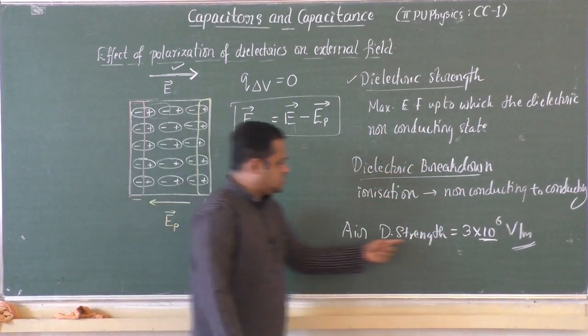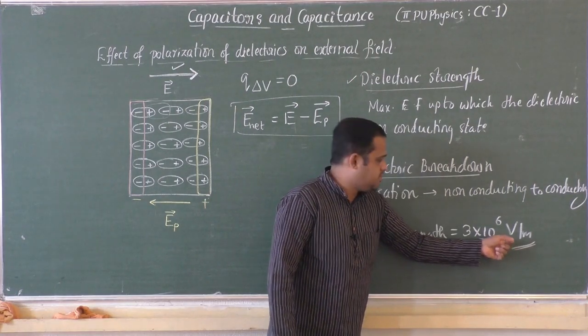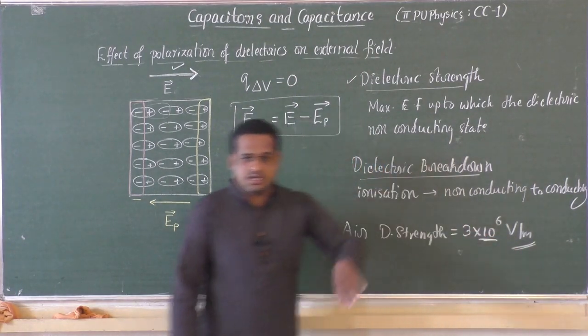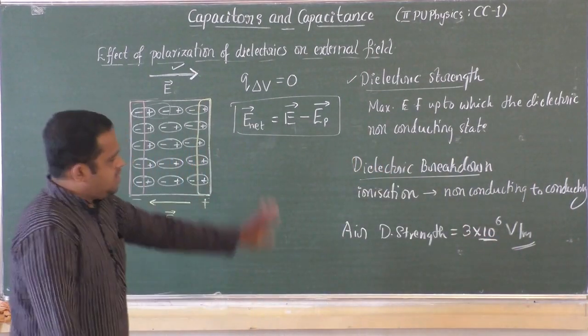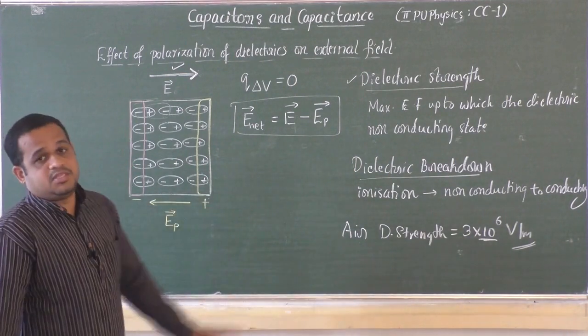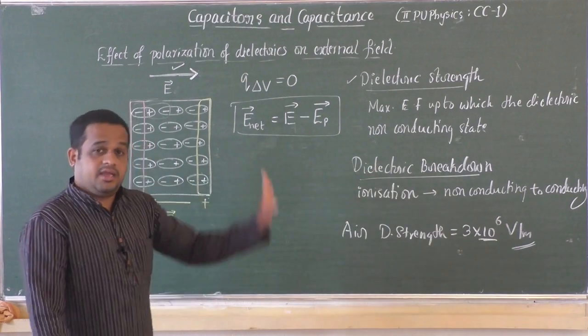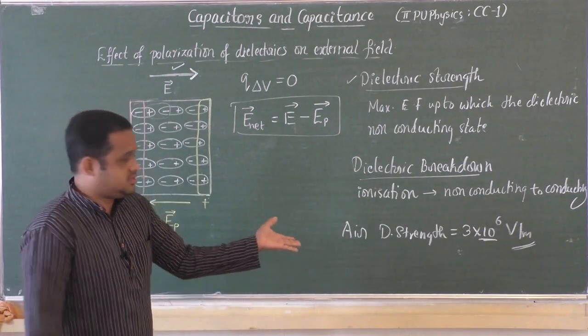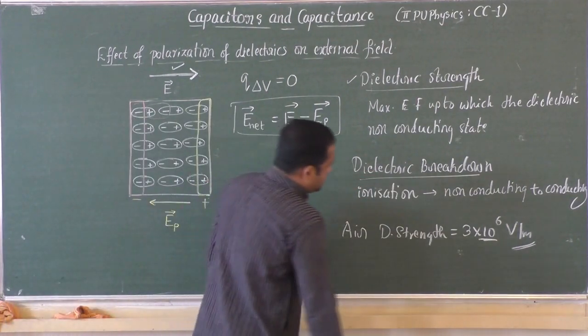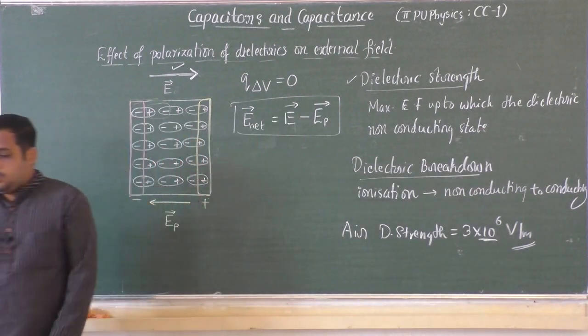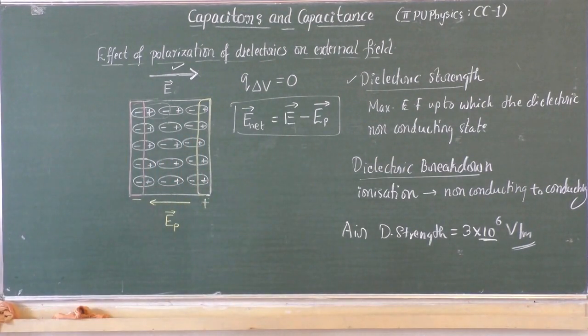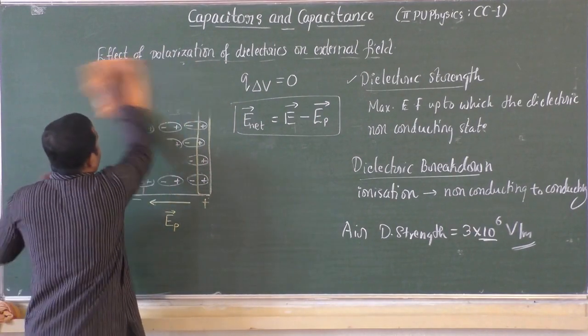In case of air the value is 3 into 10 to the power 6 volt per meter. If the field is less than that, air will be in non-conducting state and behave like an insulator. If the field is greater, ionization of air takes place and it changes to conducting. I think it is clear. This is about polarization of dielectrics.